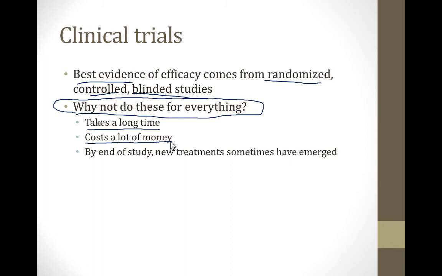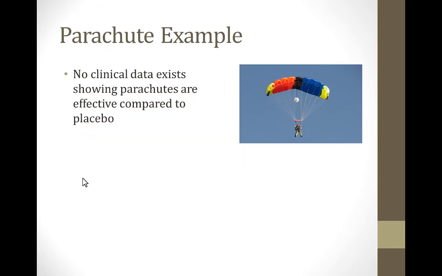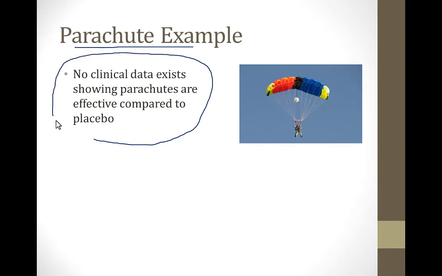Another problem is the studies take so long to do that sometimes by the end of the study, new treatments already have emerged. So we're hesitant to do these on things when we think the landscape for treating the condition is changing over time. And another reason why we don't have randomized controlled clinical trial data for every therapy in medicine is the parachute example. There are no clinical data showing that parachutes are effective compared to placebo. And this is obviously an example that's cited as a joke.